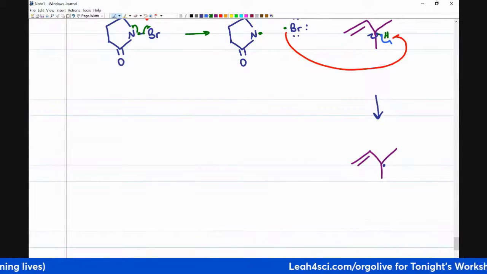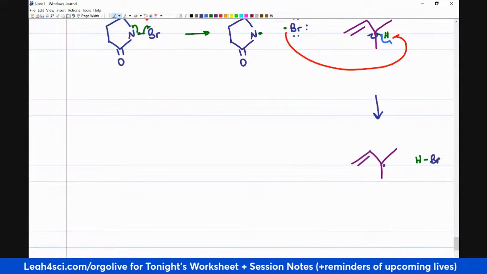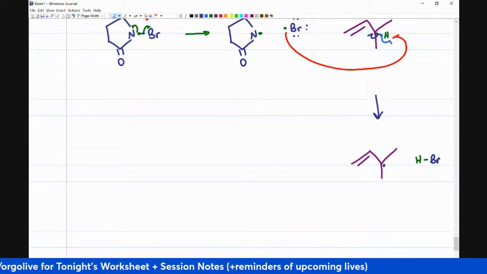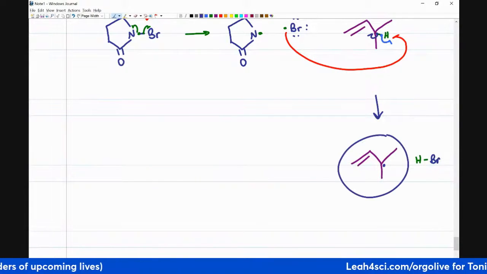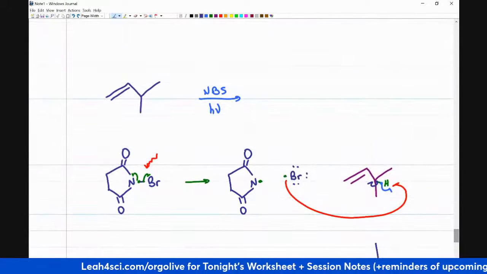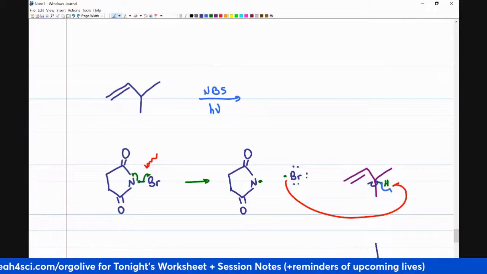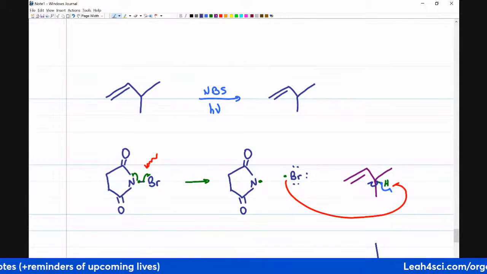And then off somewhere in solution, I have an H and I have a Br. So I have HBr, which is going to react with another of the succinimide molecules to form more NBS to keep this reaction going. But this is what we want to focus on. Because the radical forming over here means that if you're trying to predict the product, we said the radical is forming in this position, you would expect the final product to look something like this with a bromine here.